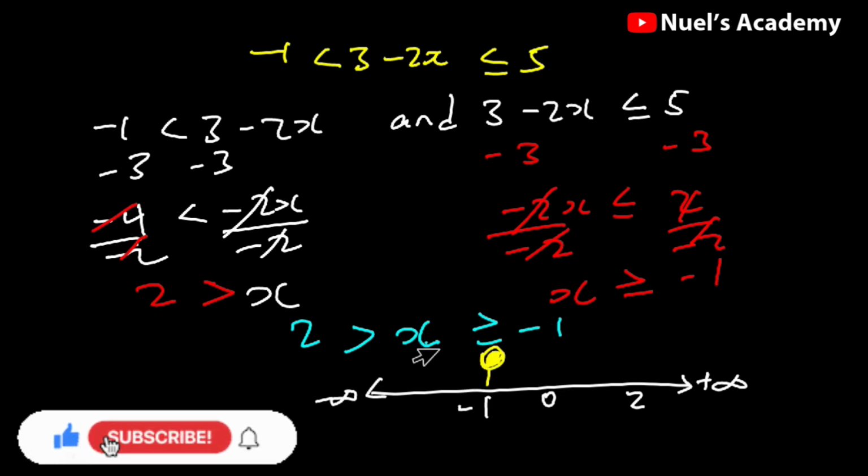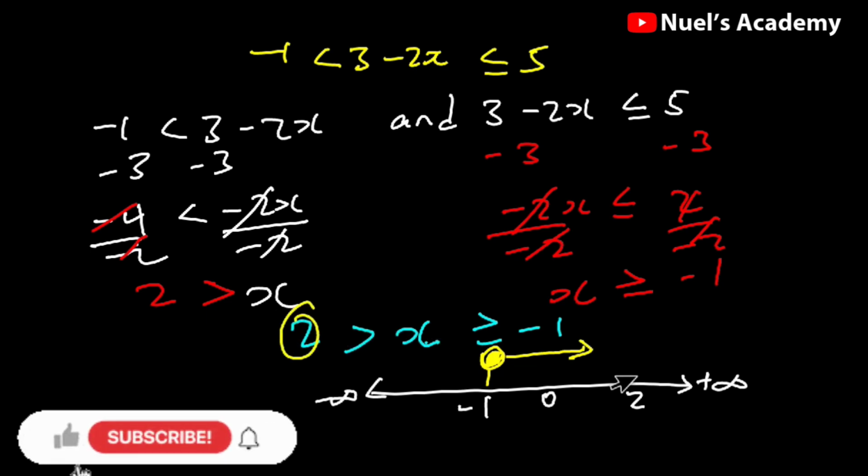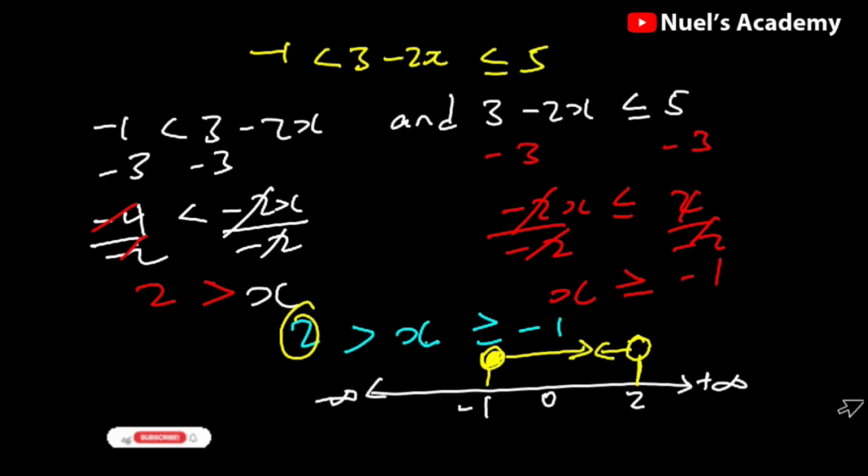Then x is greater than or equal to -1 is pointing to the right because this is the positive part of the number line. Then we have 2, which is associated with a strict inequality, so we're going to represent it with an open circle or open dot. So x is less than 2, so this is going to point towards the left. So this is the answer using a number line.